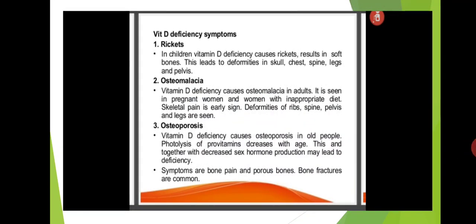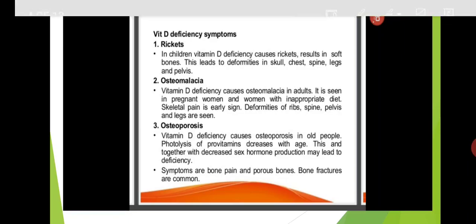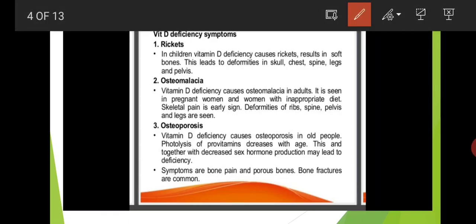Vitamin D deficiency symptoms. The first is rickets. In children, vitamin D deficiency causes rickets, which results in soft bones.